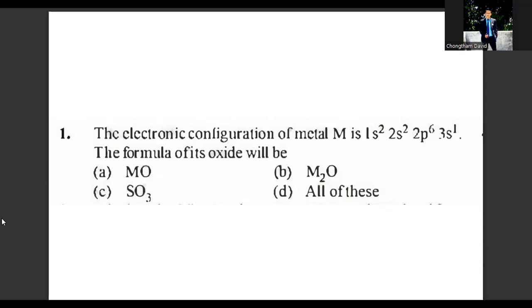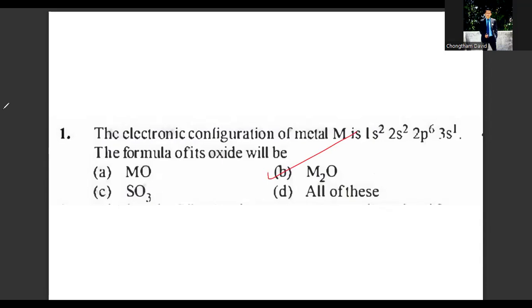So from the configuration, we can see that the electronic configuration reveals it is monovalent, that is, it is sodium. Hence, its oxide would be, oxygen has valency 2, M2O. This is the answer for question number 1.